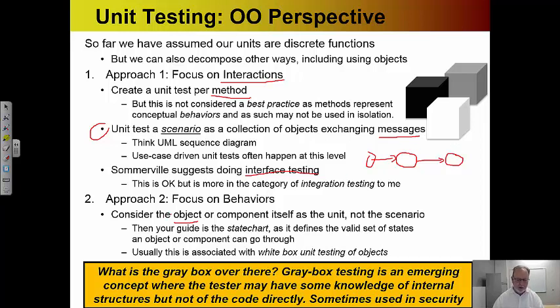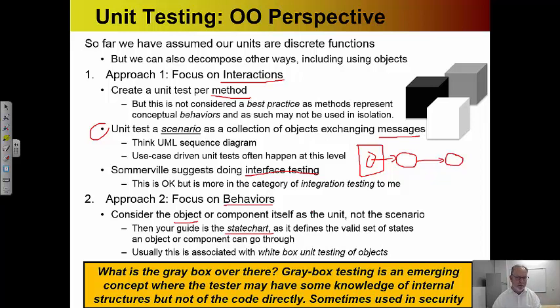If you want to focus on an individual object and do its specification, then you need to focus on its behaviors, which means you have to have an understanding of its state chart. If you remember your state charts from UML, you have to know the set of valid states that an object can be in and how it transitions between those valid states.